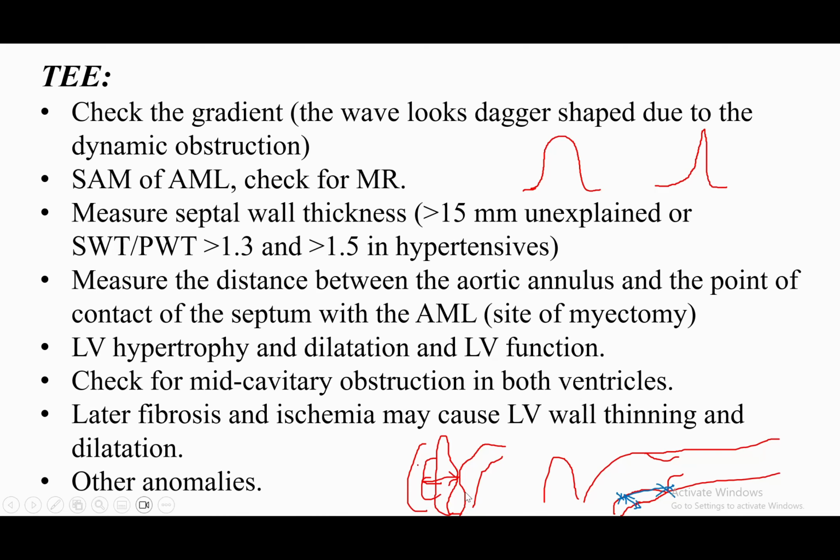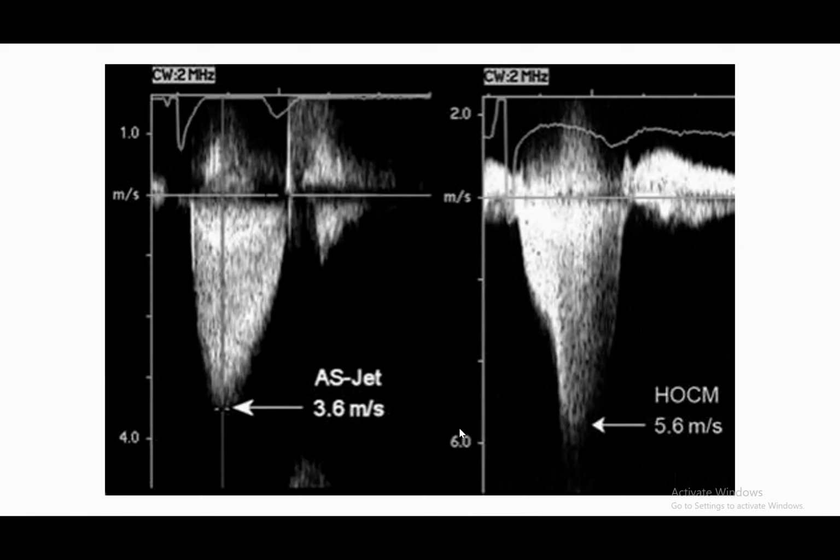So a mid-cavitary obstruction may be found in these patients. This is a static obstruction. The peak is mid-systole at the maximum flow of blood across it, and this is the dagger-shaped or late systolic peaking of the continuous wave Doppler wave, seen in dynamic obstructions like HOCM and in tetralogy of Fallot.